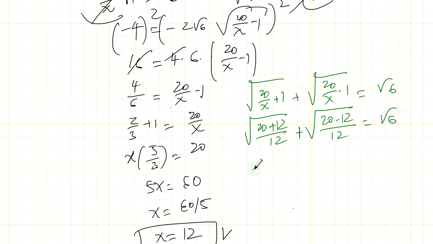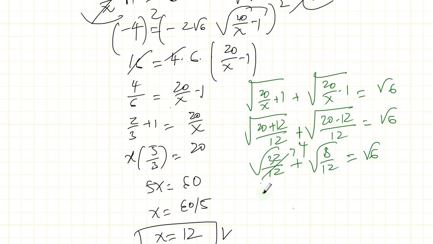This gives us the square root of 32 over 12 plus the square root of 8 divided by 12, equals the square root of 6. From here we can simplify by 4.